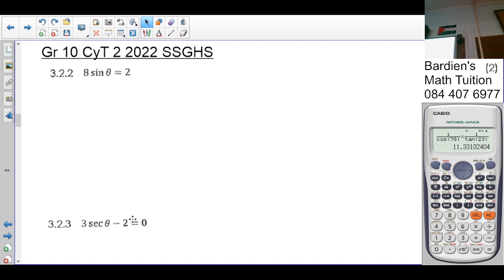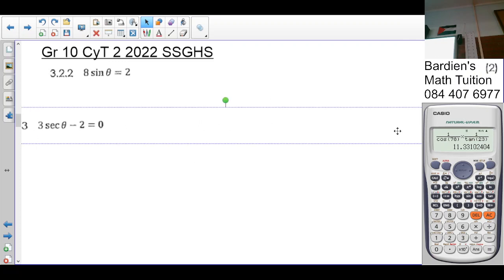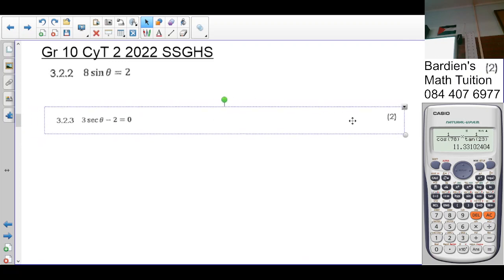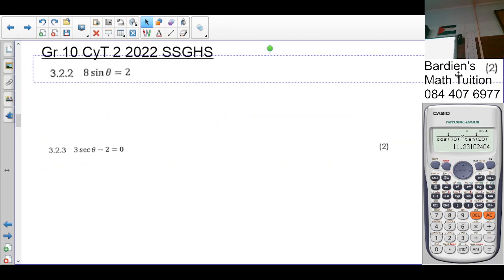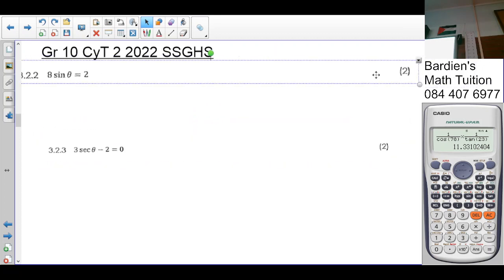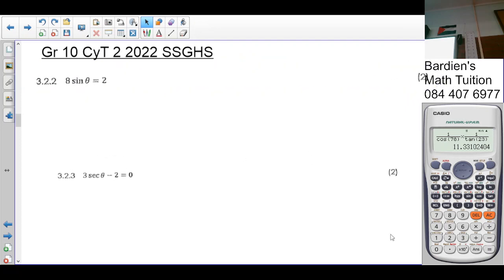Okay. People, the next one, can I take arc sine immediately? No. I first need to isolate the trig ratio, not so. So how do I do that? Divide by 8 both sides first. Okay. So if I divide by 8, you get sine theta equals a quarter.